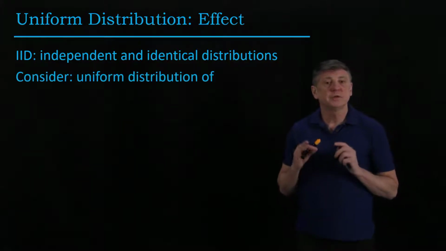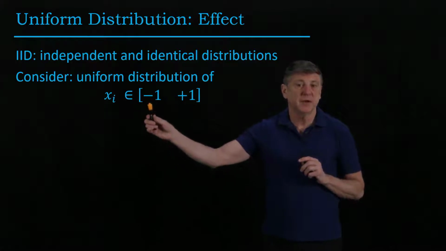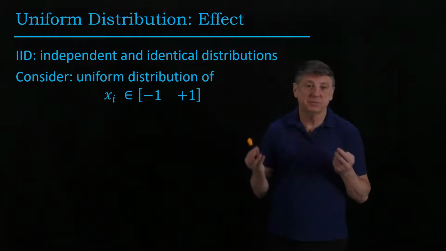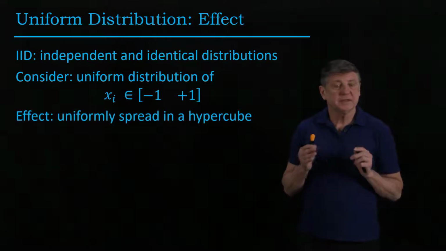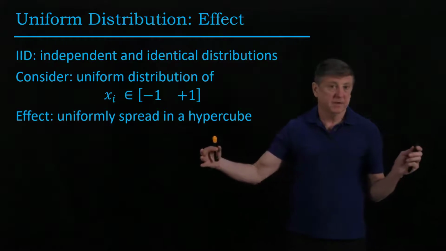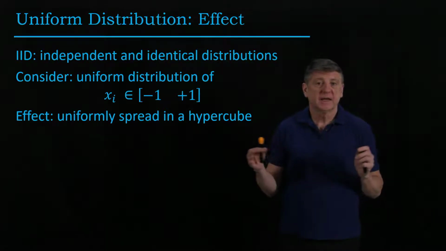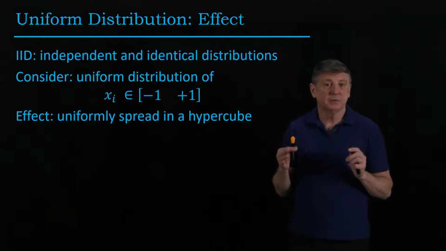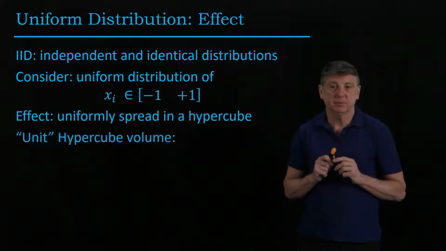We'll consider a uniform distribution between -1 and +1 after we've performed our normalization of our data. This spreads our data uniformly in a hypercube. It may have been a bit larger or a bit smaller, but after normalizing, it's within a hypercube, and we suppose it's uniformly distributed within that hypercube.